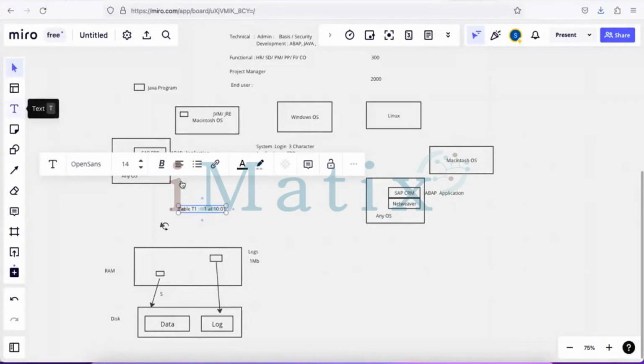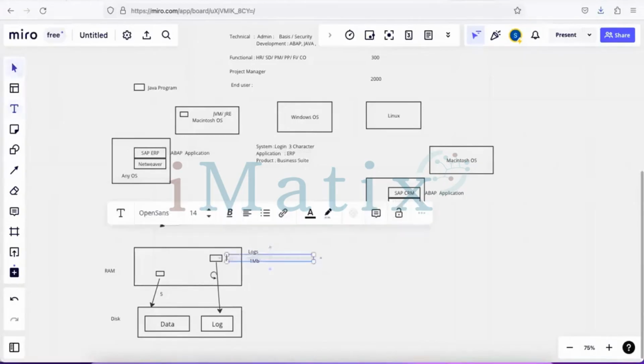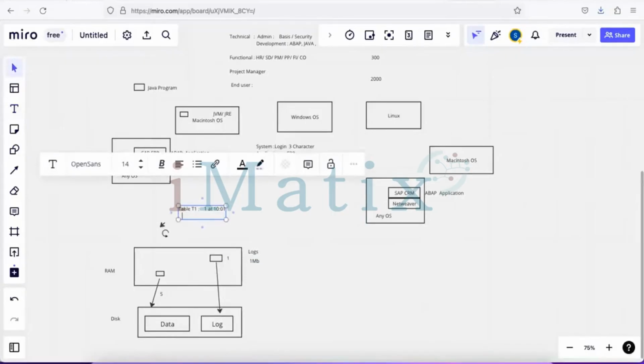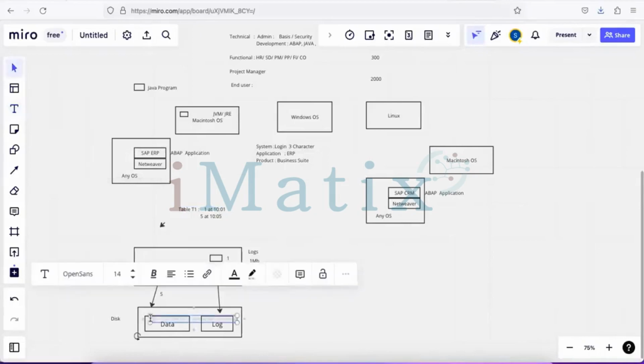It is recorded into the log volume. Number 1 entry is written into the log volume. Then you write 5 at 10:05. The 10:05 save point interval happens, then the data volume will have the 1 and 5 values, while the log also has all the values, 1 and 5.